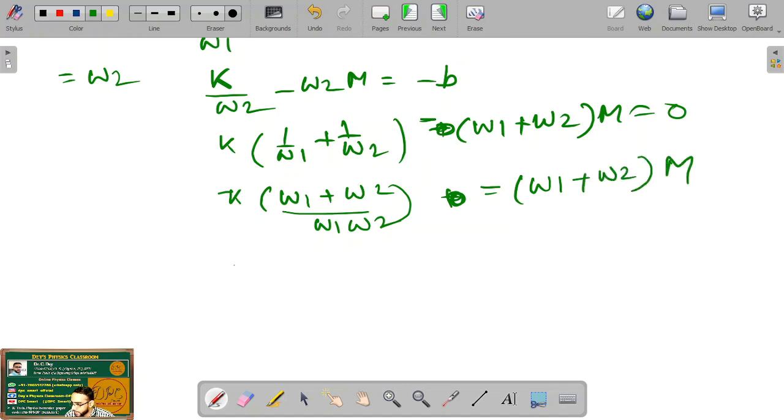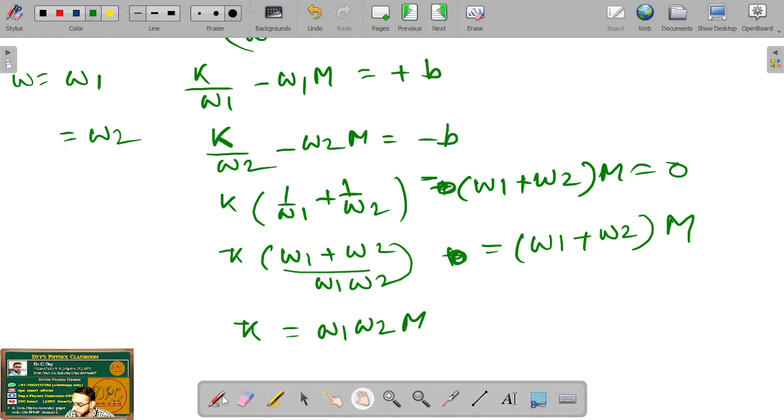So we get k equals omega 1 omega 2 into m. Now we put the value of k in either of these cases.